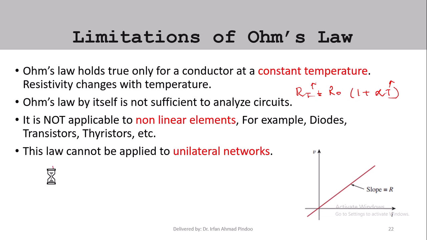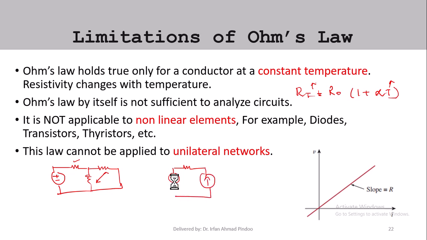Suppose we have a very small circuit with certain resistors given like this, and you are asked to analyze the circuit. We can do it using the concept of Ohm's law. We can say these two resistors are in parallel, this one is in series, and so on. But suppose the complexity of the circuit is increased, and we have a circuit with a current source also.